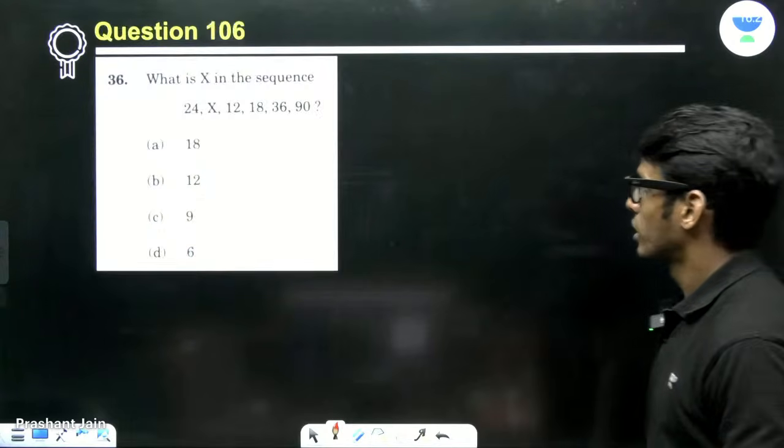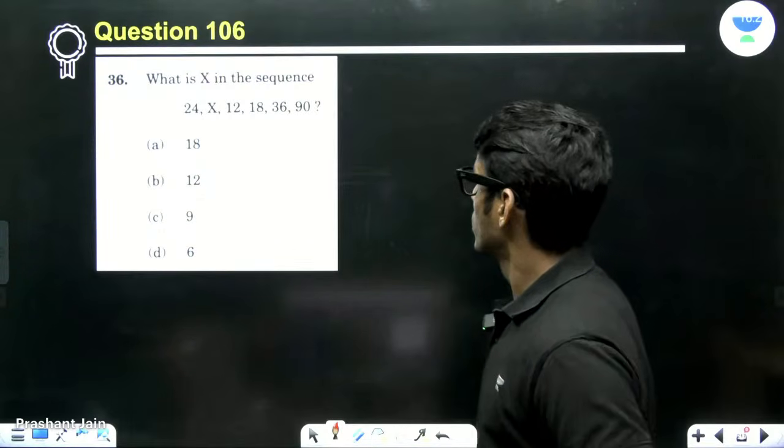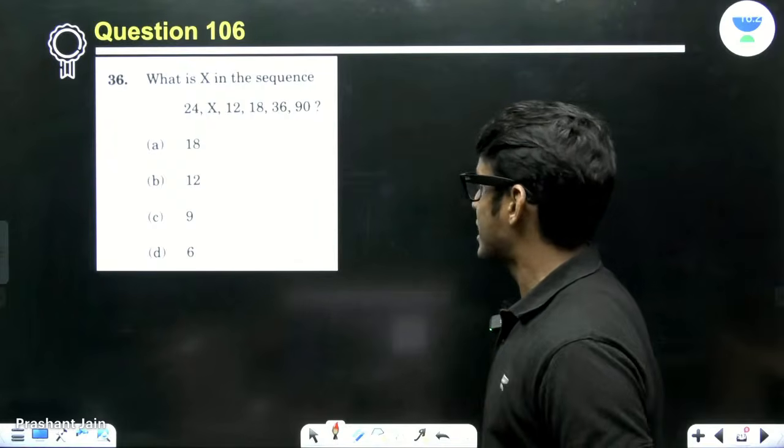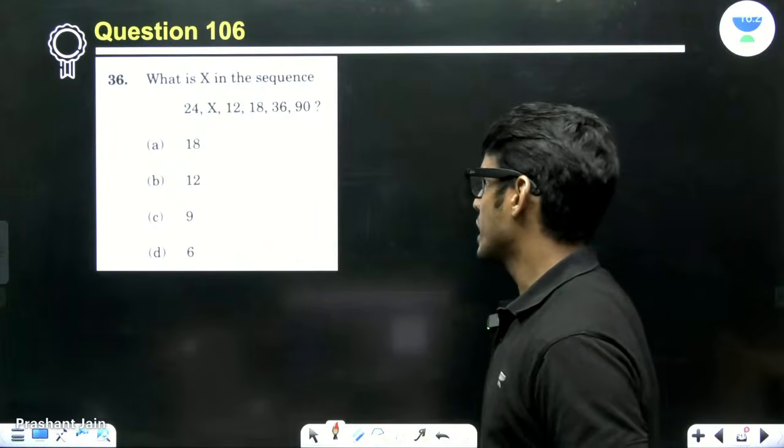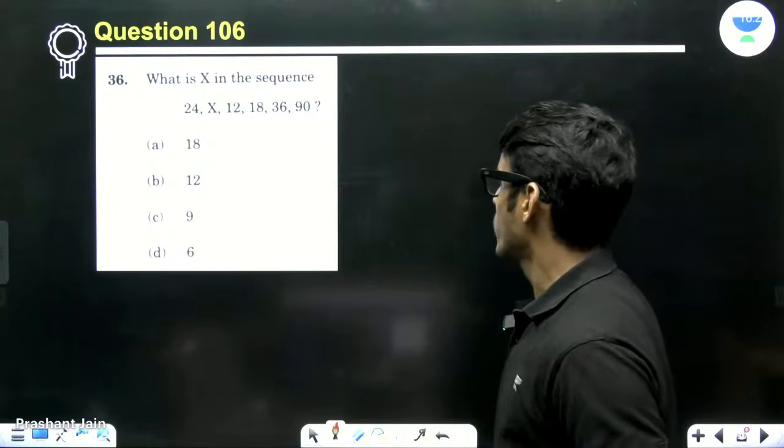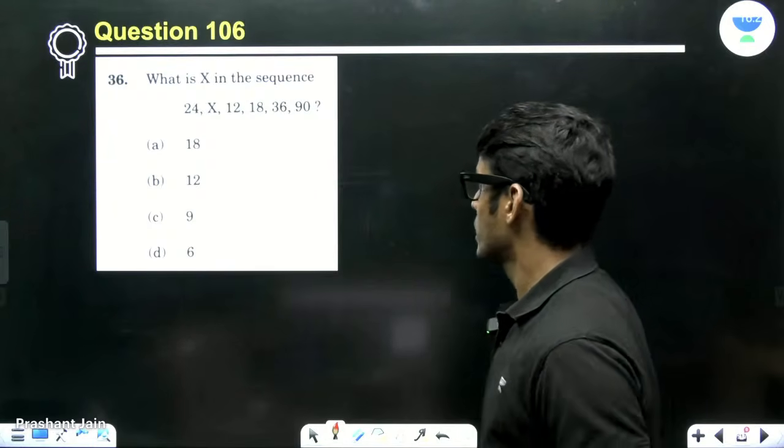Okay. Now, let's come back to what is the X in the sequence? 12, 18, 36, 90.